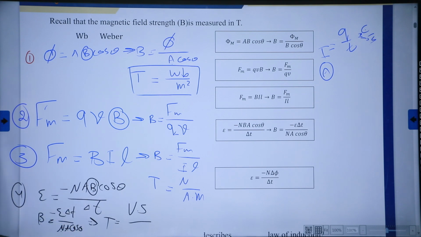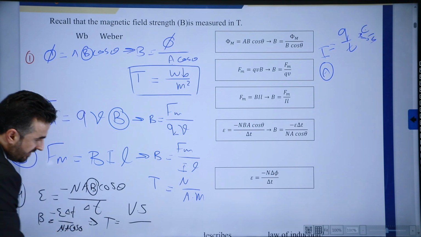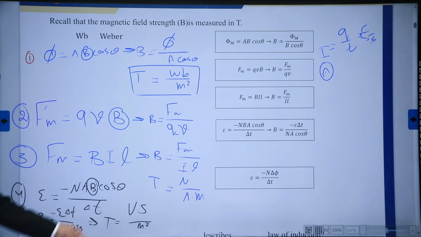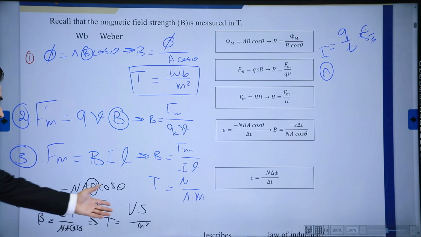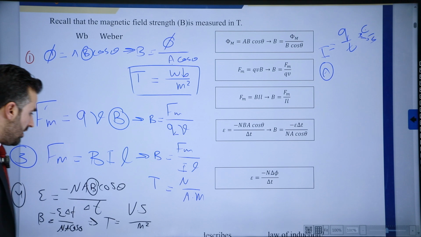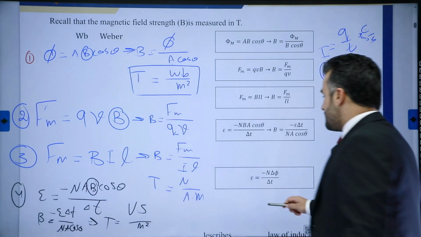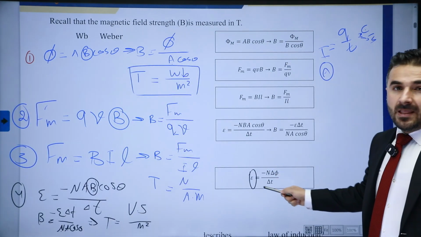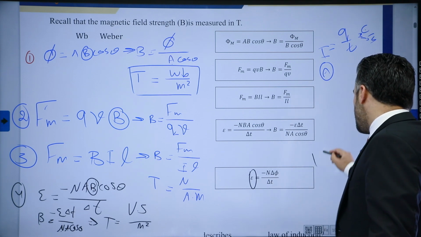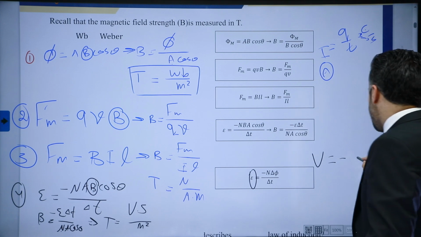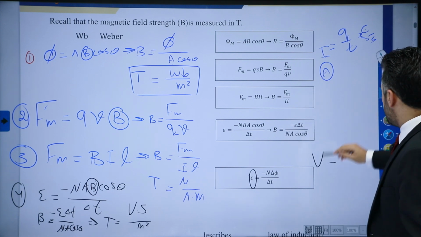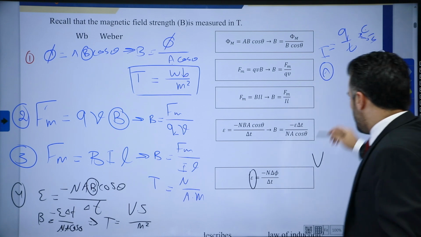And then cosine theta, we're not taking this one here. So we have area, we can say meter squared for the area. Okay, that is this one as well. And of course, we can add one more, because we've learned that electromotive force equals the rate of change of magnetic flux here.